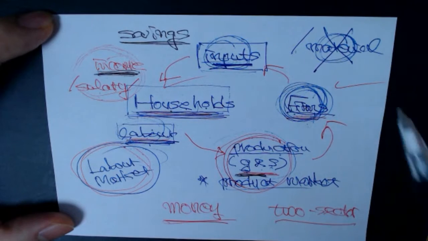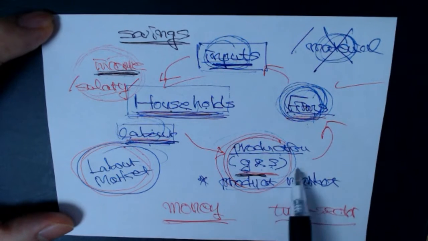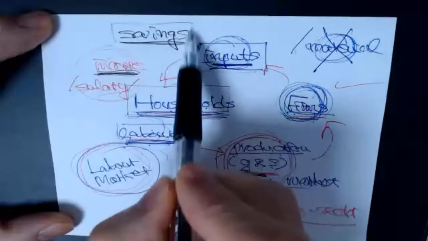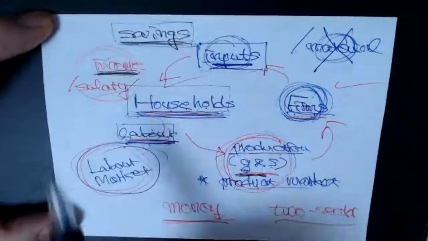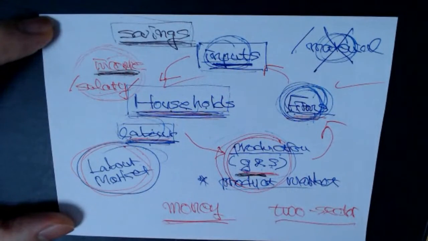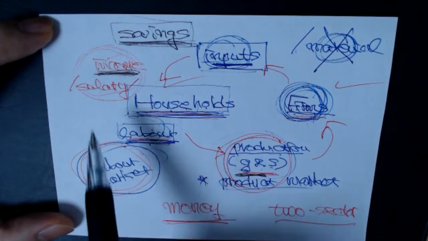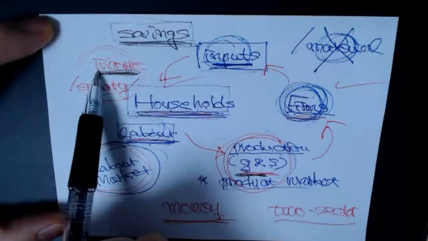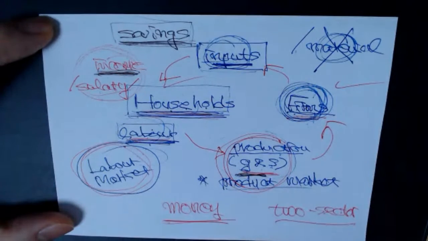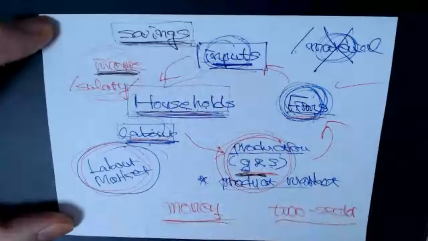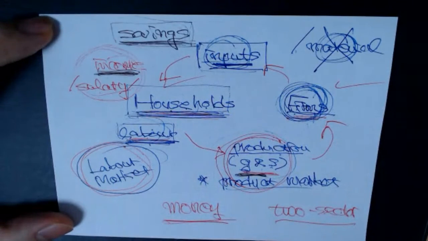Where is that money from? Not only from this revenue from selling goods and services. There should be some other source. So what's the source? The source is called savings. And the definition of savings is what is left over from the income after consuming goods and services. So these savings go to the money market.